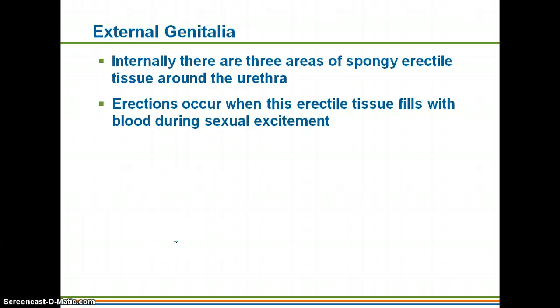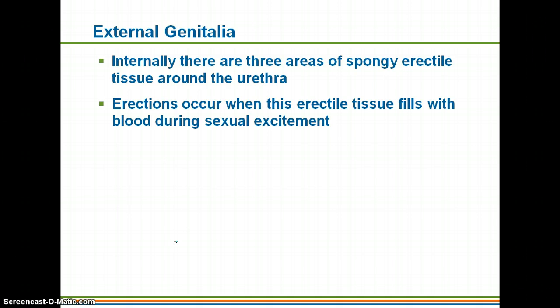When a male is not sexually aroused, if you remember back to the cardiovascular system, we talked about your arteries, your veins, your arterioles, your venules, and your capillary beds. Within those capillary beds, we have the vascular shunt, which will direct blood directly from an arteriole to a venule, and that is allowed by those precapillary sphincters.